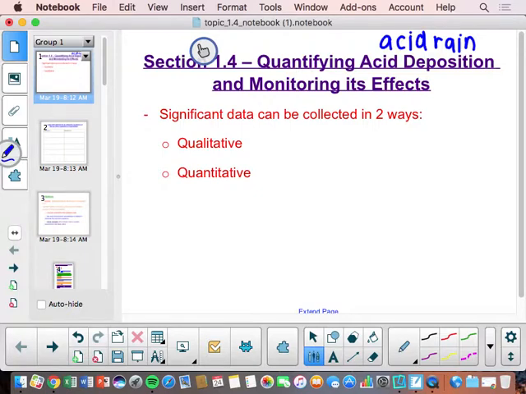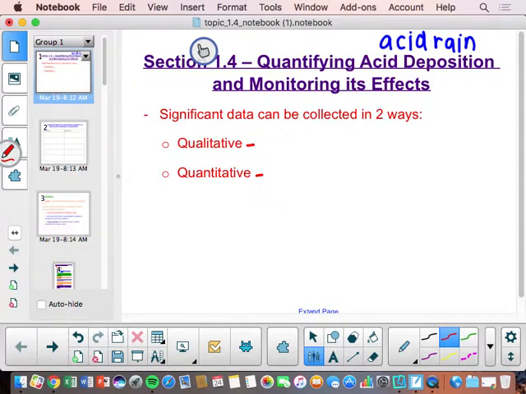So there's 2 ways we can collect data, and data in general: qualitative and quantitative. Do you know what those words mean? You've heard those words before, I think. Quantitative, as in quantity. What's a quantity?